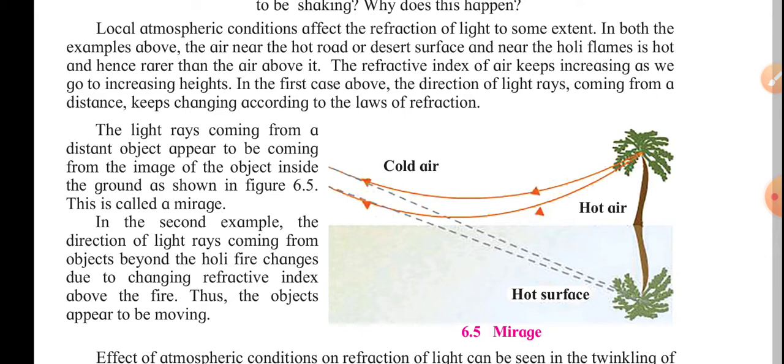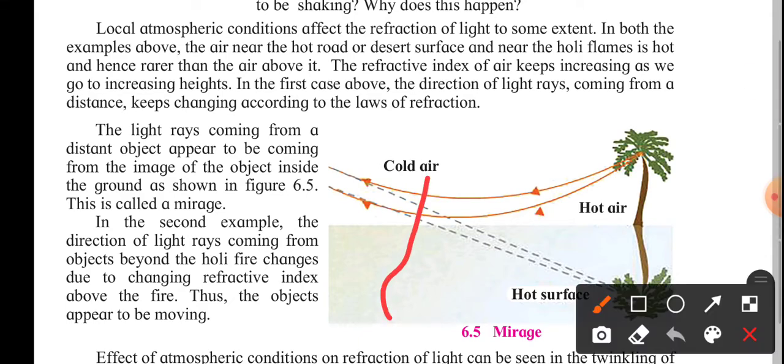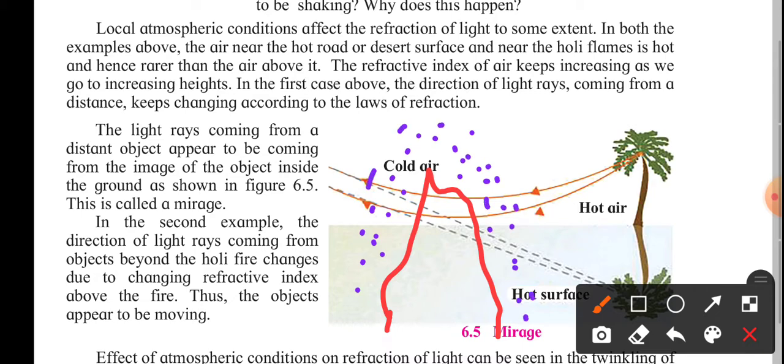The air near a hot road, or the desert surface, or near flames is hot and hence rarer than the air above it. In simple words, if there is a flame, the air near the flame will have a high temperature, and due to that the air near the hot flame will have a lesser density.